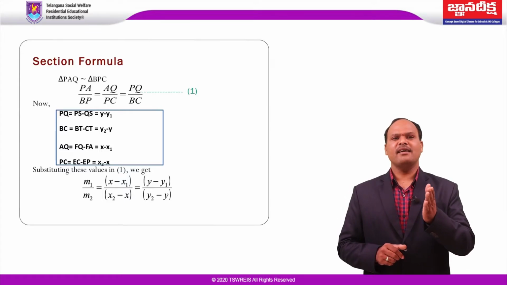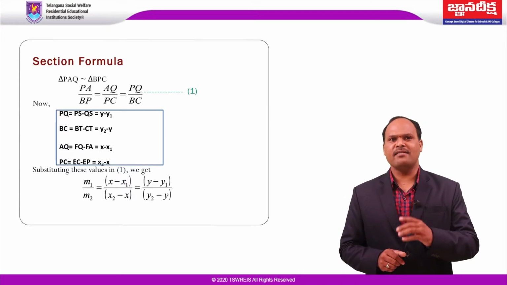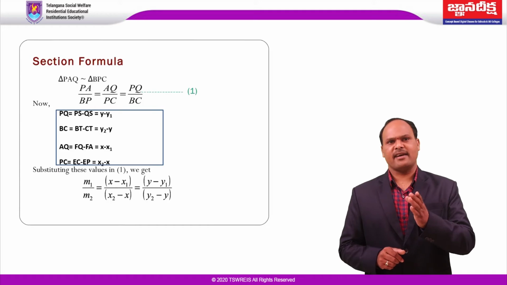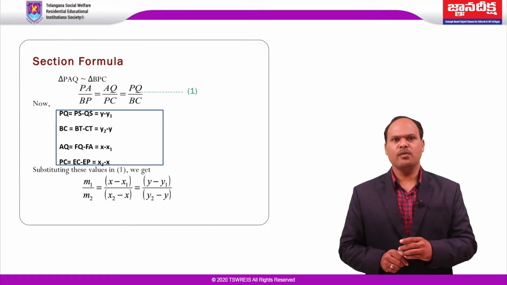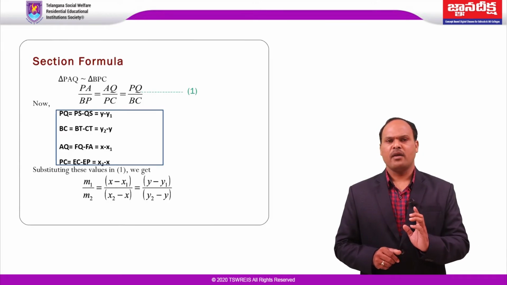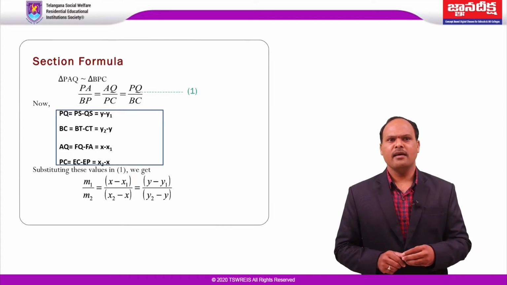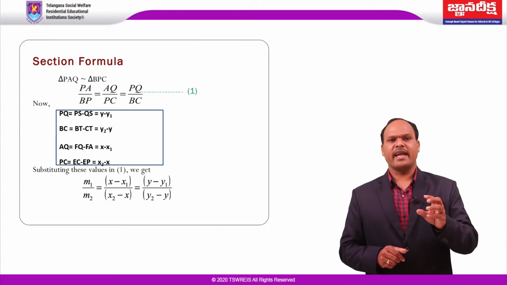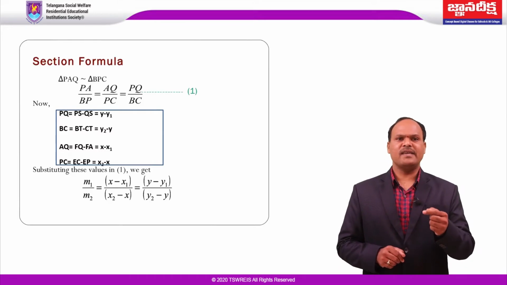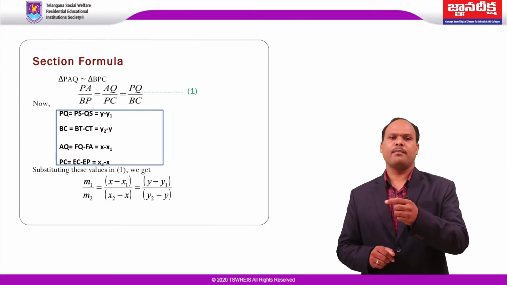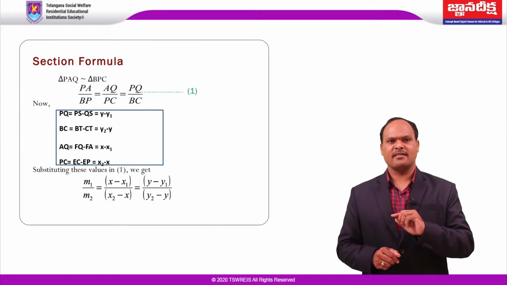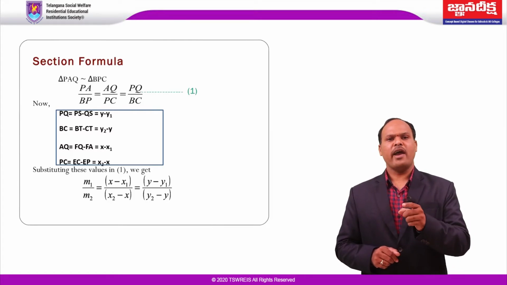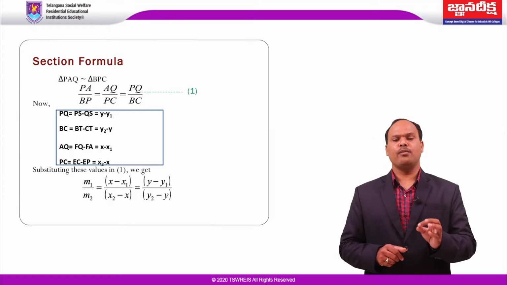Which is x minus x1. What is the value of PC? x2 minus x. What is the value of PQ? y minus y1. Finally, what is the value of BC? y2 minus y. If you replace all the values, we are getting m1 by m2 is equal to x minus x1 by x2 minus x, which is equal to y minus y1 by y2 minus y.